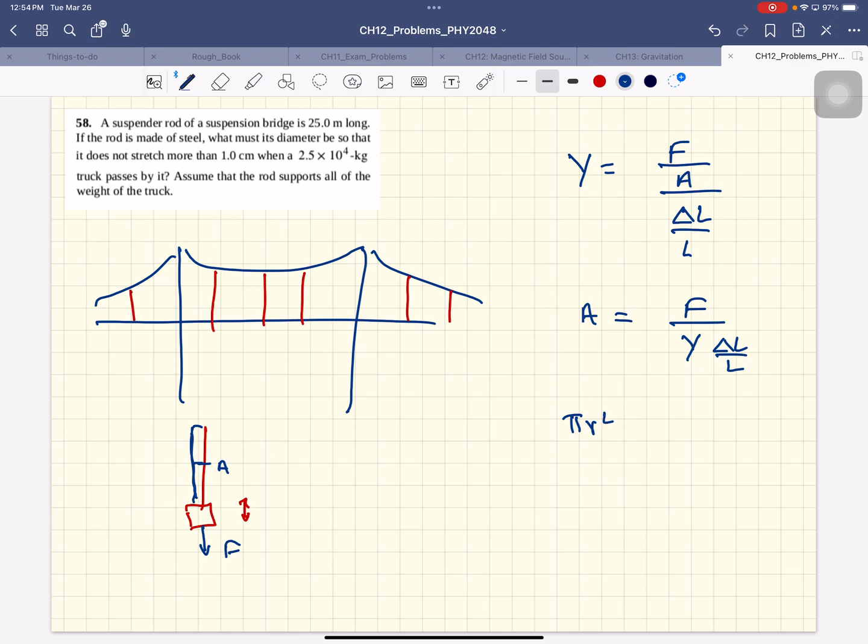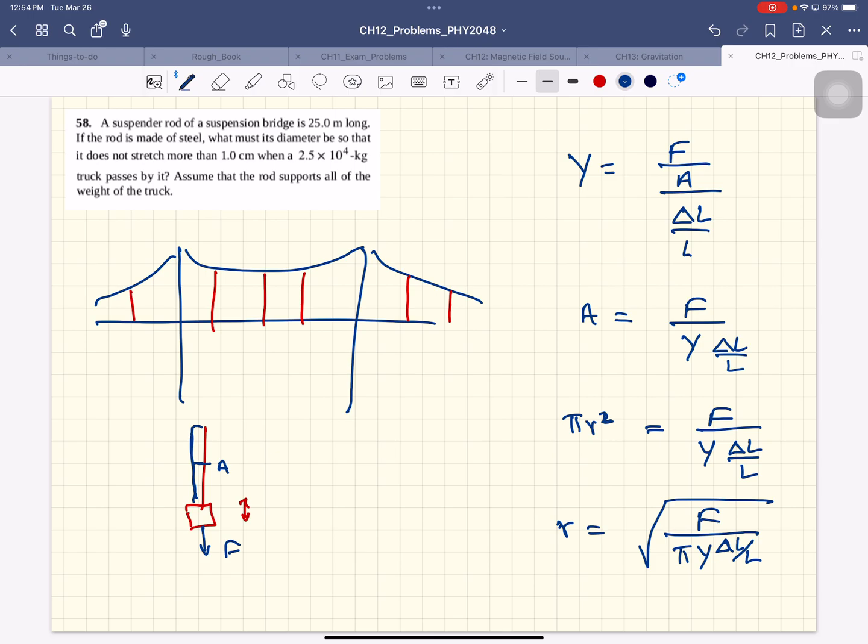Pi r squared. Okay, so that's the radius of that rod, of that steel beam, or steel.